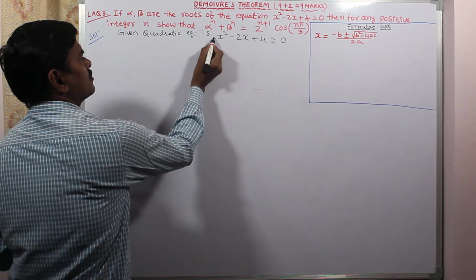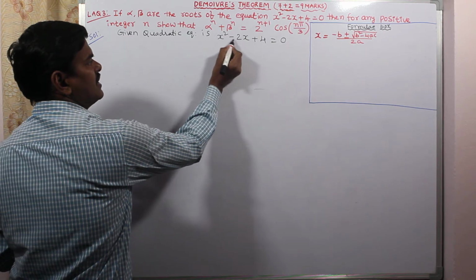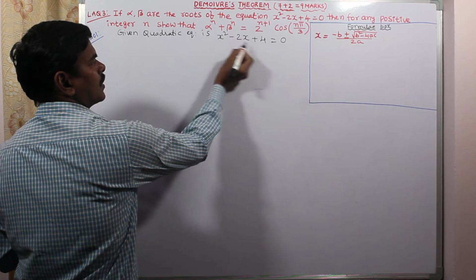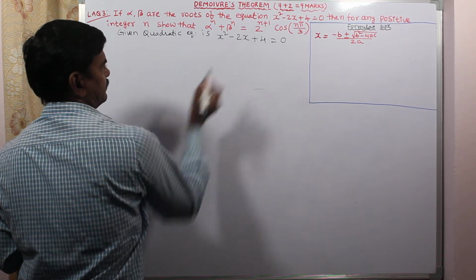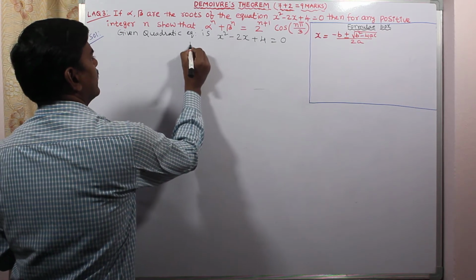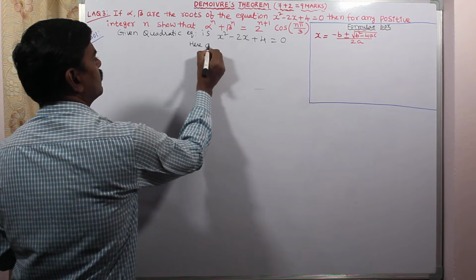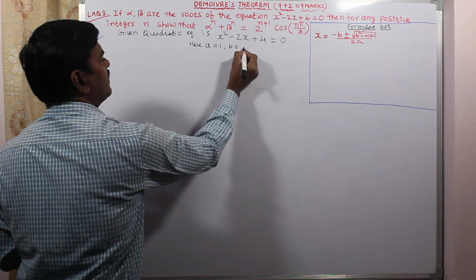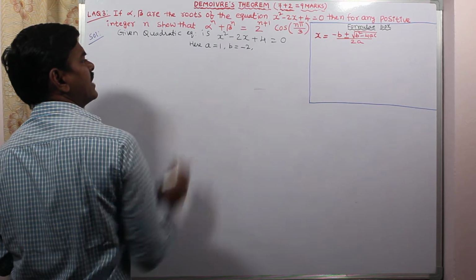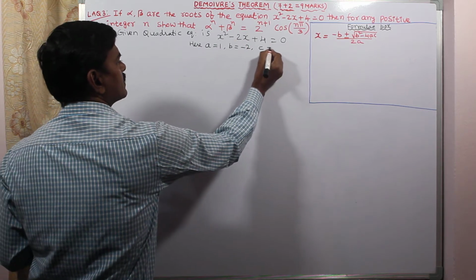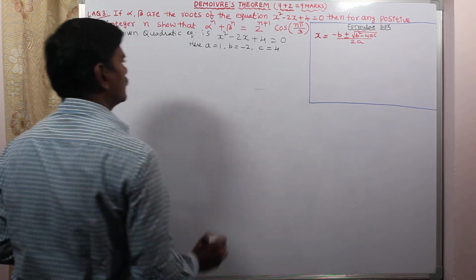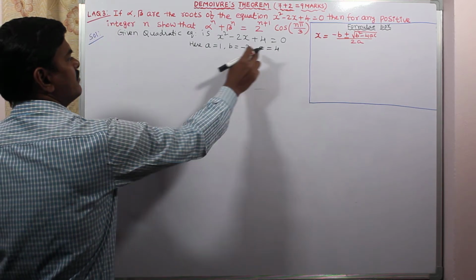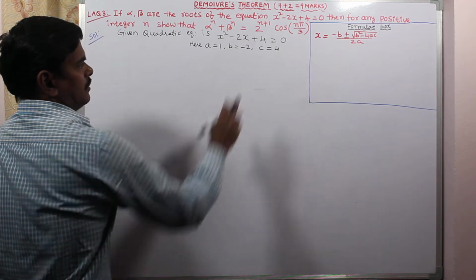Here a equals 1, the coefficient of x square, b equals minus 2, the coefficient of x, and c equals 4, the constant. By using the a, b, c values, we can find x values.